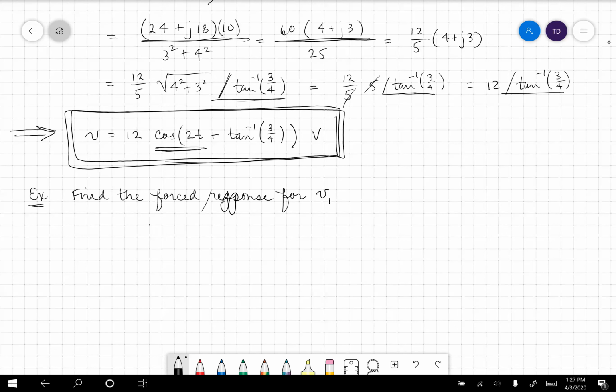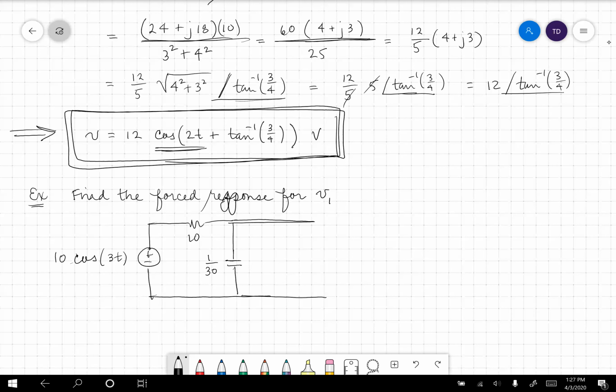Okay, given the circuit, find the forced response for V1. So I have 10 cosine of 3t, 10. Capacitor value is 1/30.